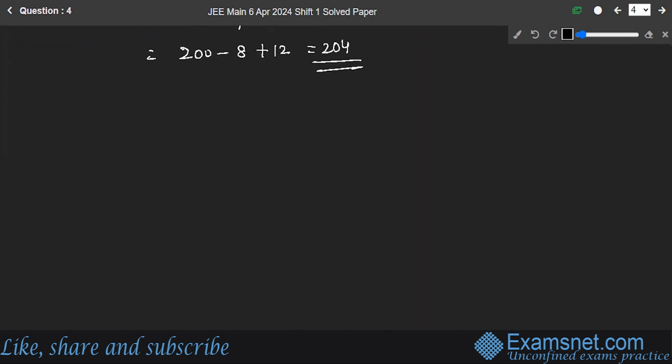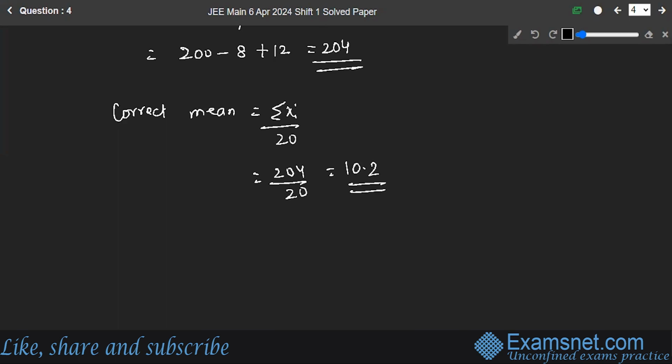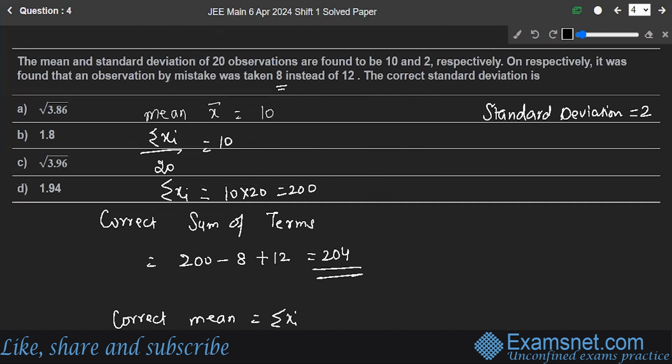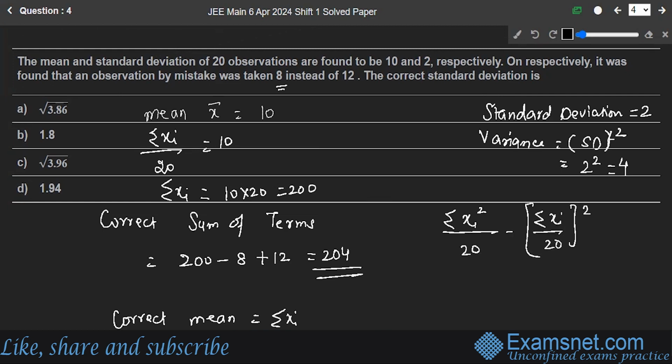So let's find out the correct mean now. It will be the sum of observations divided by the number of observations, which is equal to 10.2. Now you are given that the standard deviation is equal to 2. That means variance, which is standard deviation square, is 4. So you have summation xi square upon 20 minus summation xi upon 20 square, equal to 4 according to the formula.